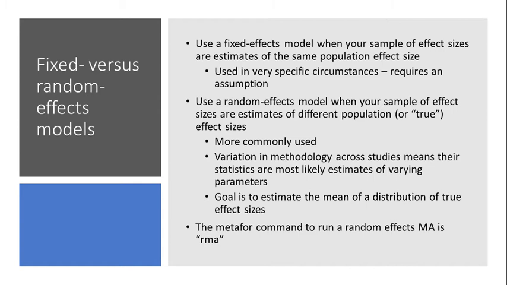So most often you're going to use a random effects model, where your sample of effect sizes that you know about are actually probably estimates of different true effect sizes. Does that make sense? It will make sense if you've got a background in statistics and going from samples to populations. Yeah, okay.